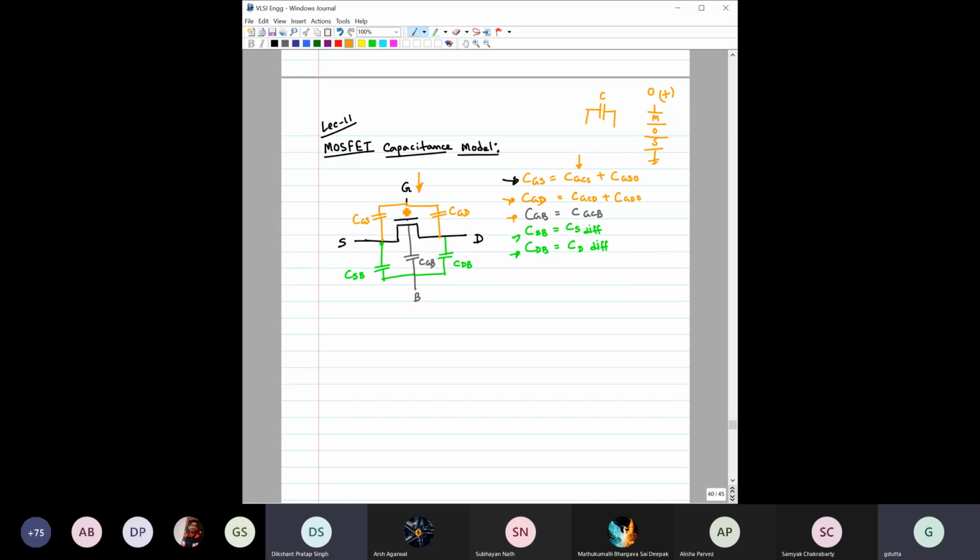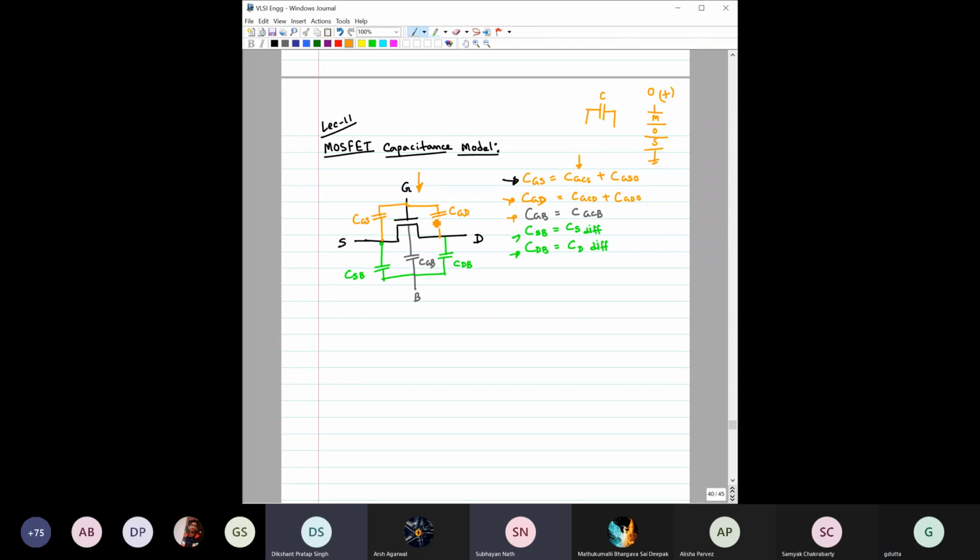If I look from here, the input capacitance would be the capacitances which are actually connected with the gate terminal, for example this GS, GD. But sir, S and D voltages differ, so it should not be a direct CGB plus CGS plus CGD. It should be something else.